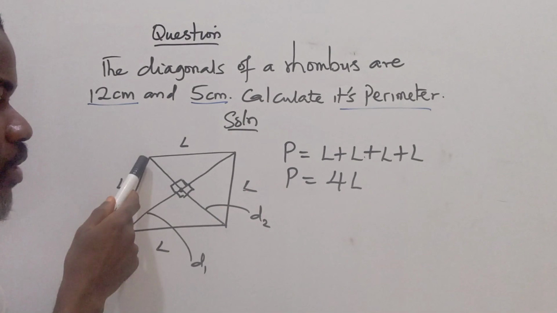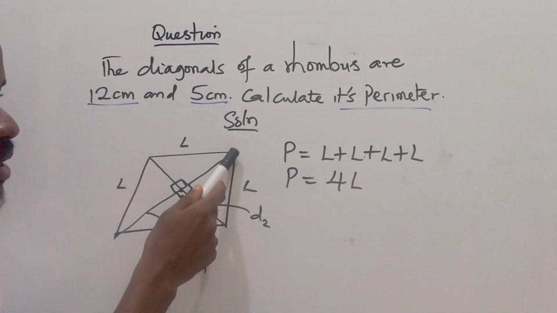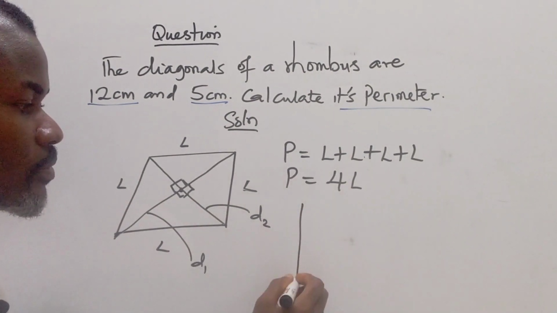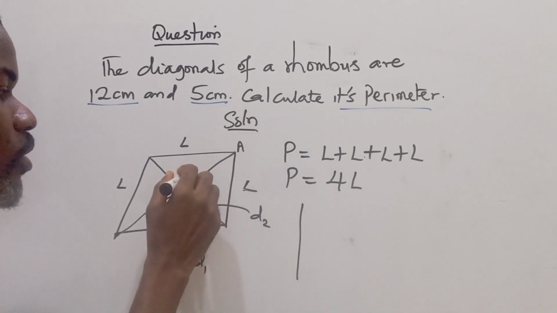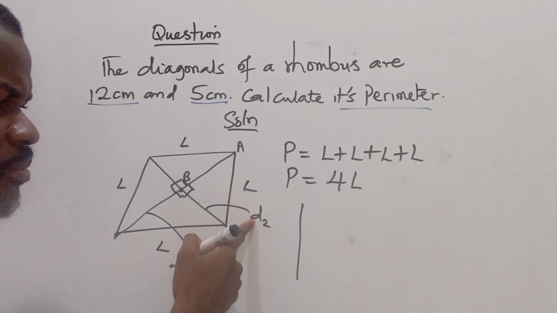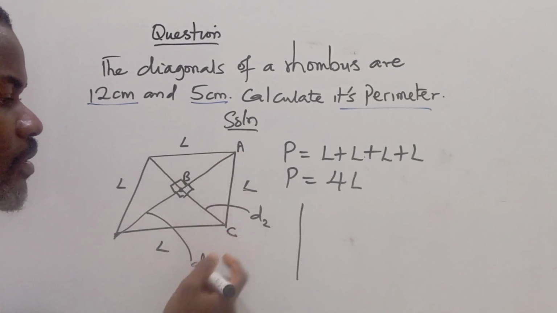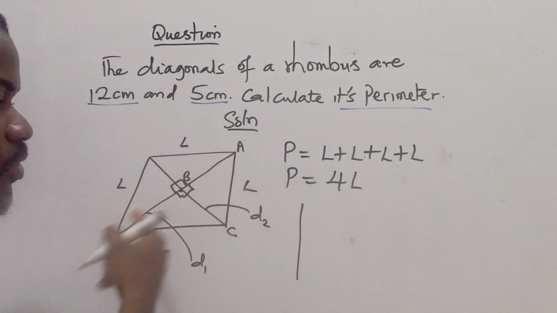If the whole of this length is D1, it means half of this, let me just draw it. Let's say from this point A to point B, and let's say A, B, and C. So length AB is half of the length of D1.